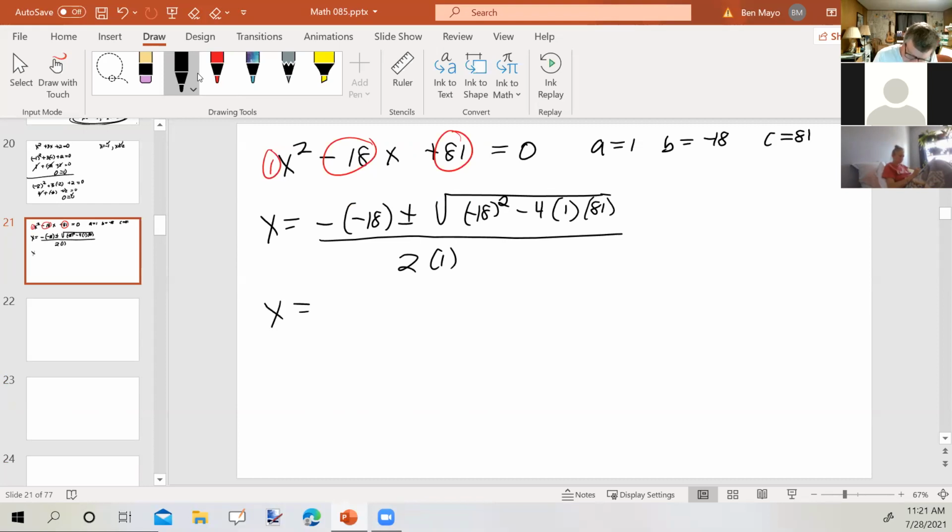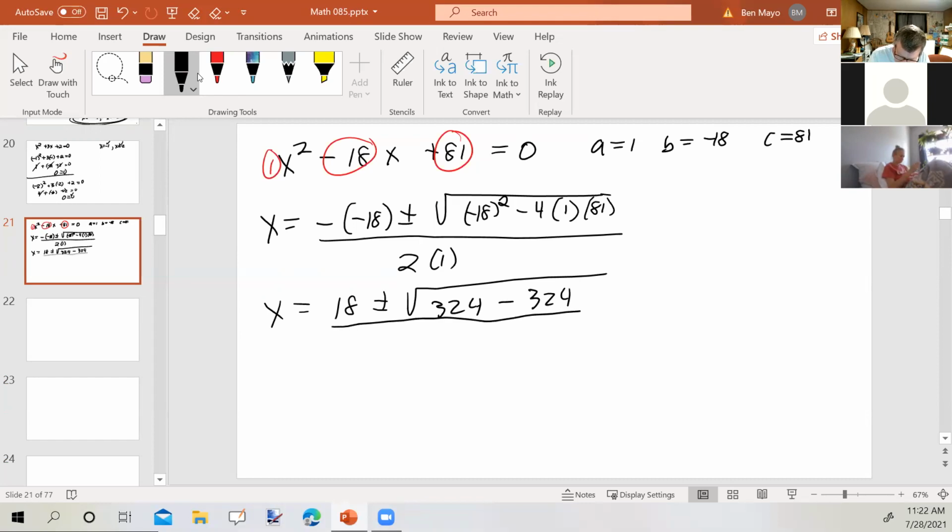So now x equals negative times negative is positive 18 plus or minus, let's see, -18, the quantity squared, is a positive 324 minus 4 times 1 is 4, and 4 times 81 is also 324, all over 2 times 1, or 2.